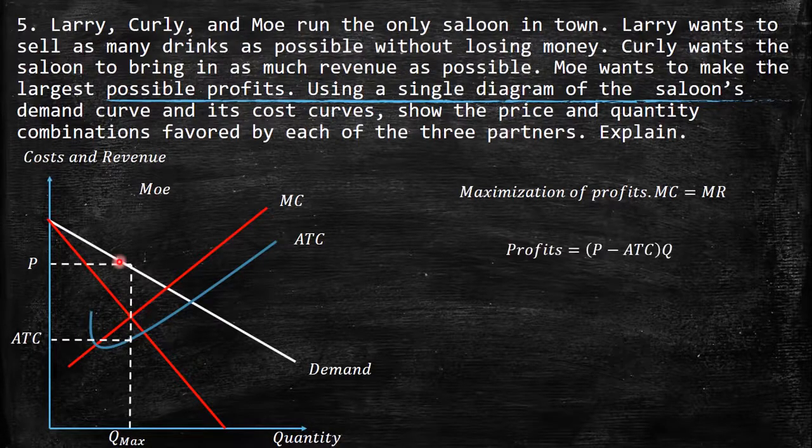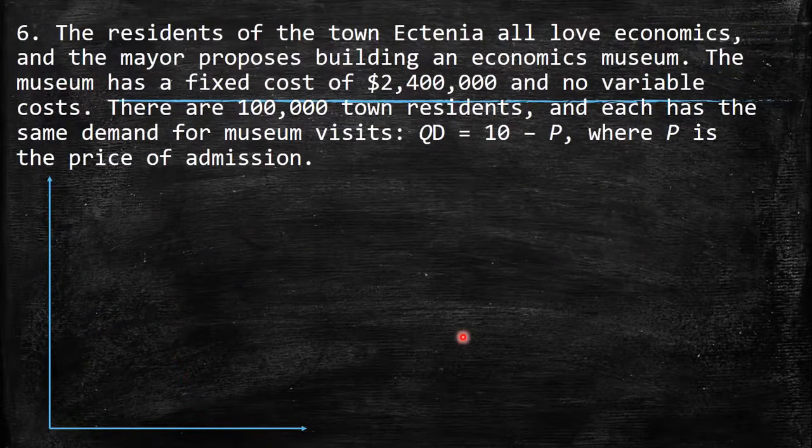Then price times quantity is going to be the revenue, and the cost is going to be this one. So this square is going to be representative of the profits. So Moe is the one who thinks better because he charges where the marginal revenue is equal to the marginal cost.